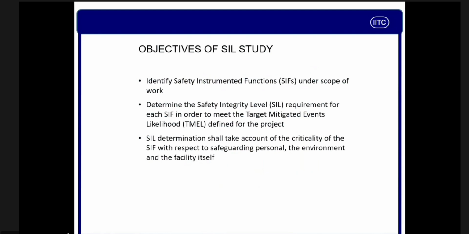The purpose is to define the SIL rating to meet the targeted mitigated event likelihood. What is TMEL? I will take a little more time to explain the TMEL in the next slide. On that basis, we will determine the safety integrity level after identifying all the initiating events, and we will take credit of all relevant IPLs. What is an IPL? I will again take a little time to explain.